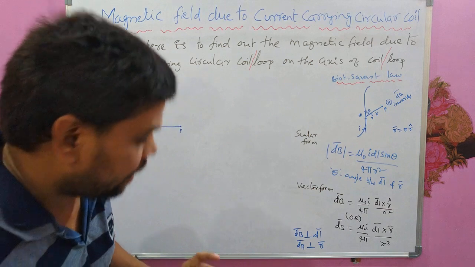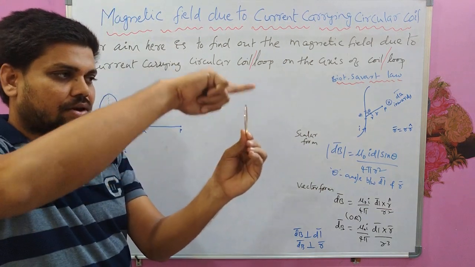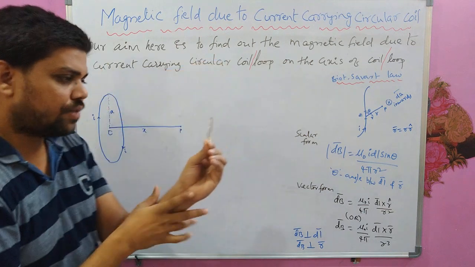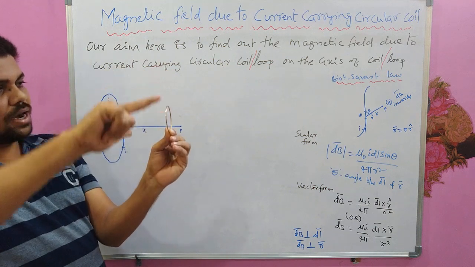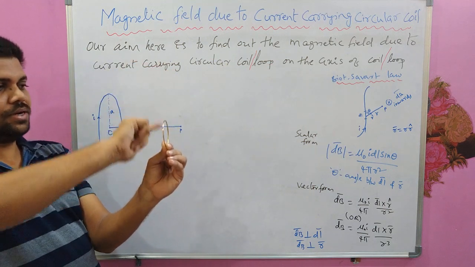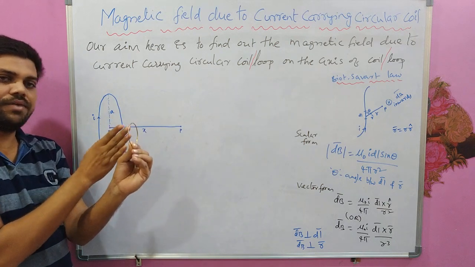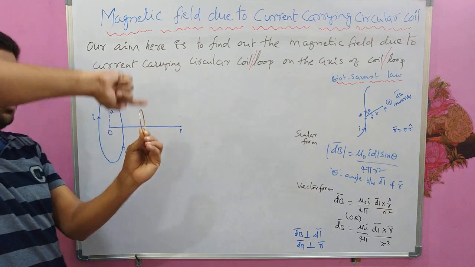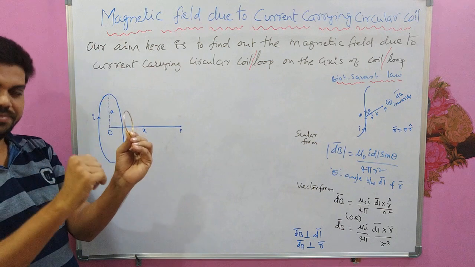Okay, and imagine the current is flowing through this circular coil. If I look from this direction, the current looks like it is flowing in the clockwise direction from here to here, if I take this edge as my left side and this edge on my right side.